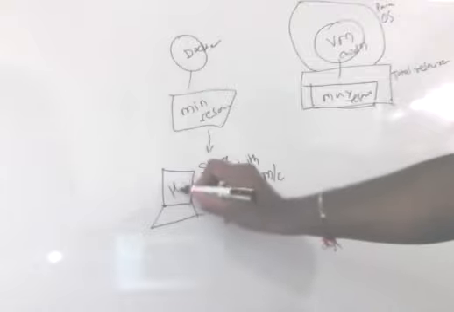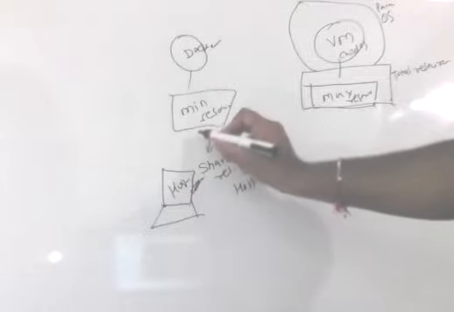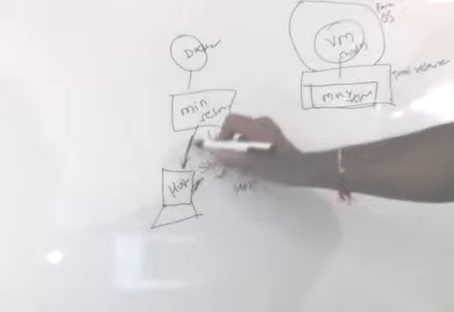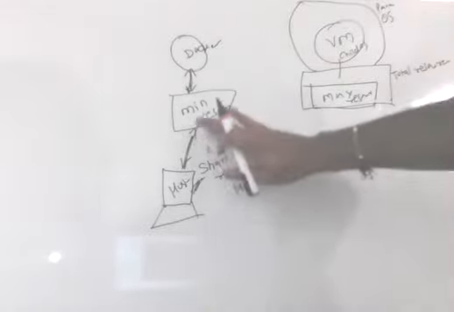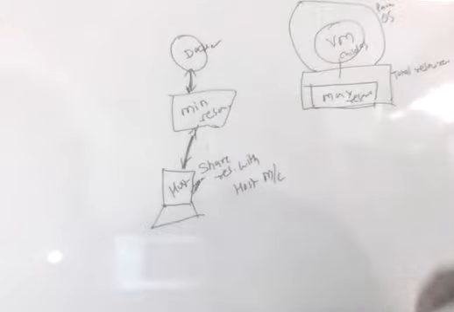Let's say this is the host machine, and these resources are shared by both Docker as well as the host machine itself.